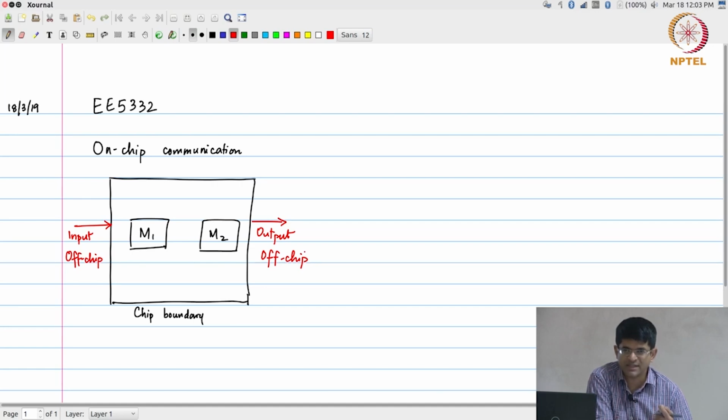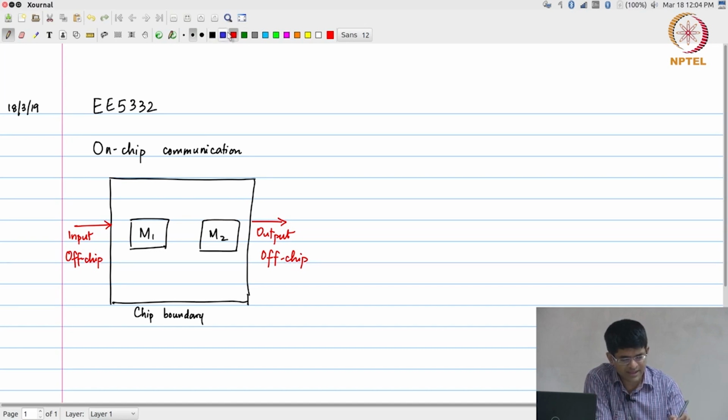So even though in principle they are all wires that are trying to get electrical signals from A to B, the magnitude of the corresponding capacitances are hugely different in the case of off chip versus on chip communication, which is why very often you will find that the problems of on chip communication and off chip communication are studied completely differently, and they have different solutions that are proposed for them also.